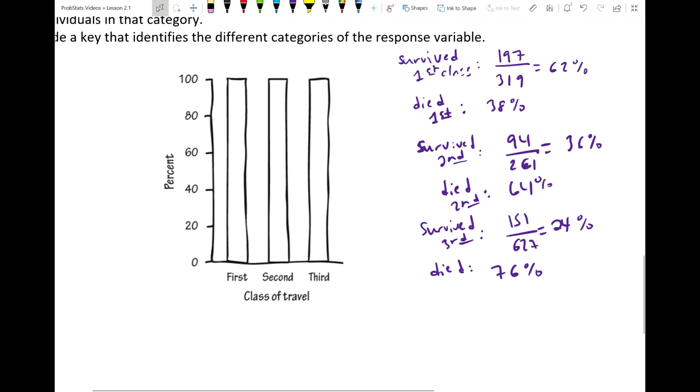All right, so now we've got the percentages. We're going to estimate the percentages on the graph, and we have to determine what color we're going to use for surviving versus dying. So let's just say that surviving is going to be in blue.